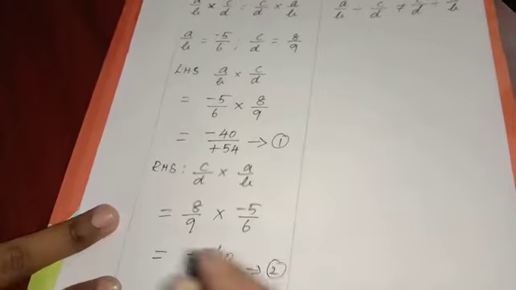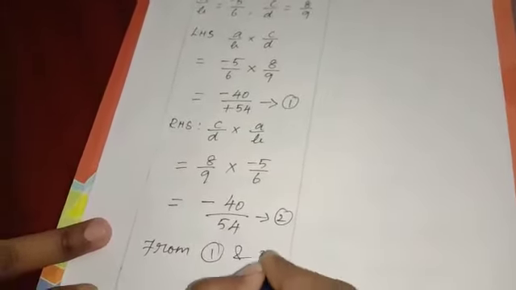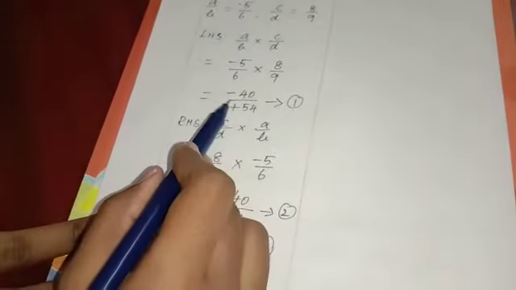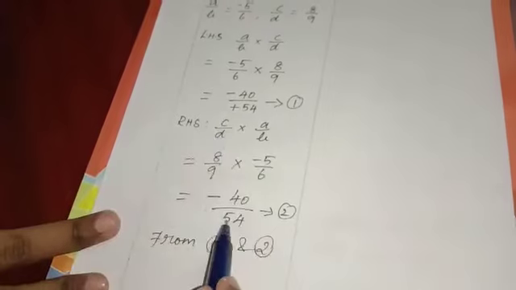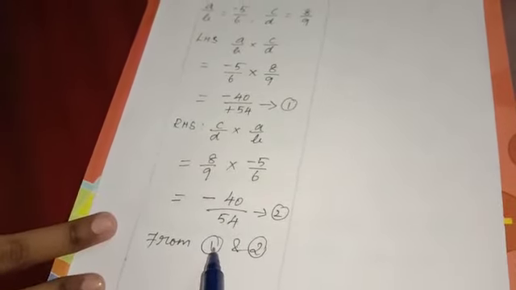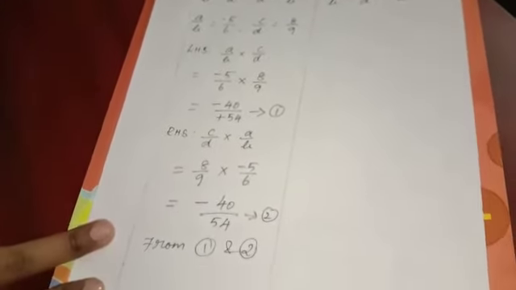Consider this as 2. Compare 1 and 2. From 1 and 2, LHS equal to RHS. Here minus 40 by 54, in RHS also we got minus 40 by 54. So we can say commutative property is true for multiplication of rational numbers.